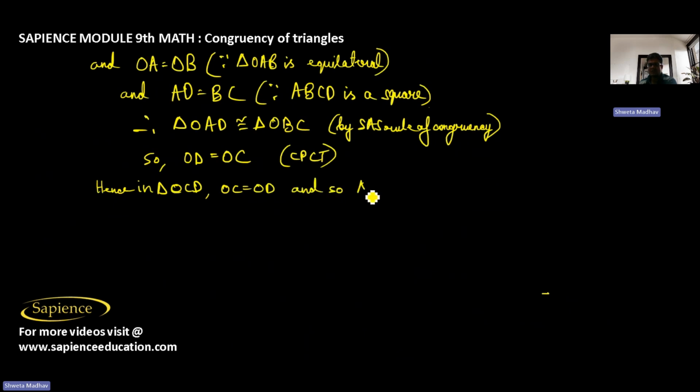So triangle OCD is isosceles since two sides are equal. Please ask, then we can work.